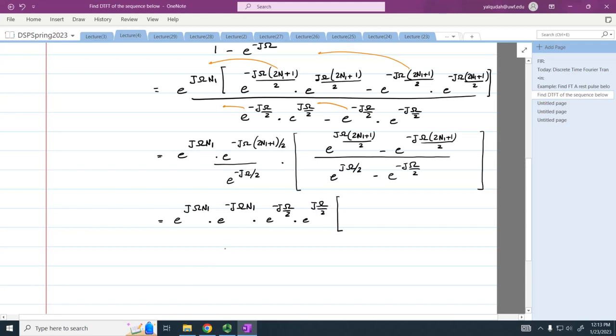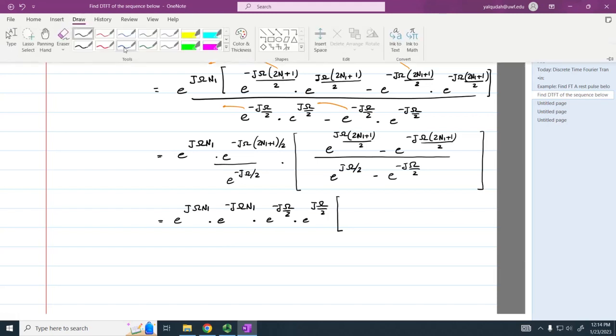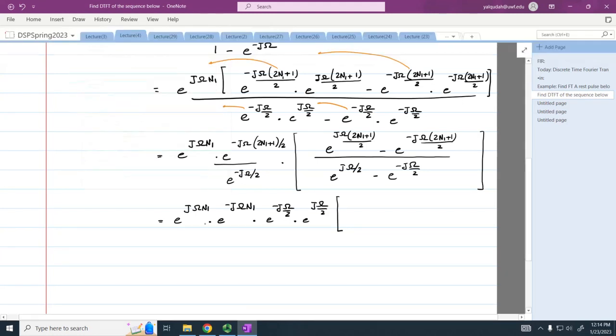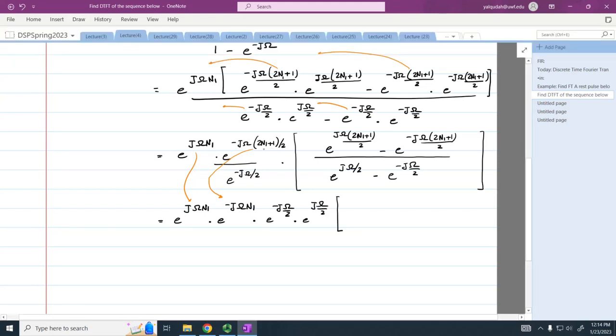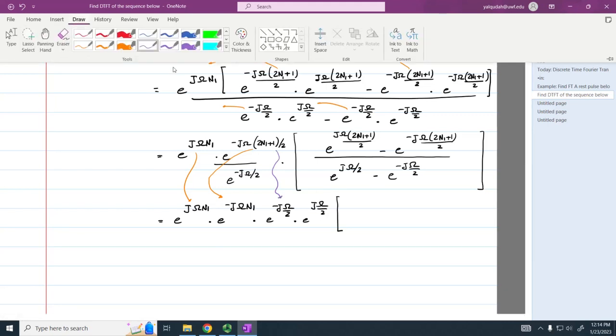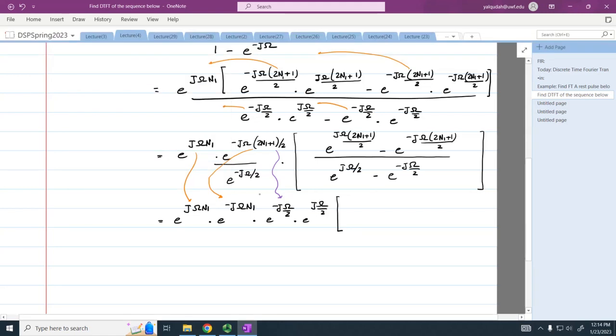Where are all these terms coming from? E to j omega 2n1 plus 1 over 2 is going to give me this term. This term is this term. Agree? And then j omega over 2 is going to give me this one. And finally, I have this one. I took it to the denominator. It's going to become j omega over 2.